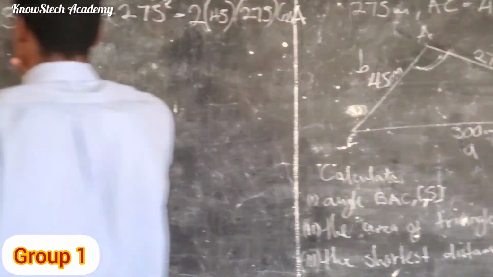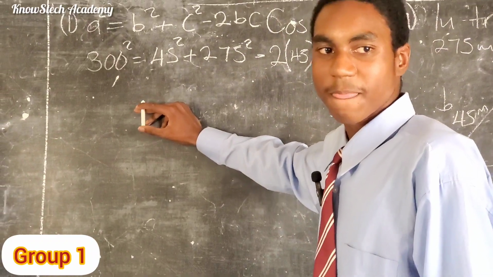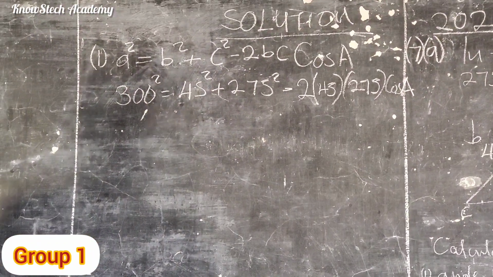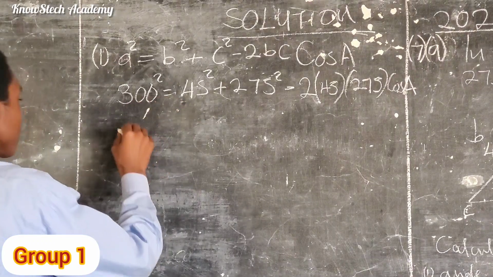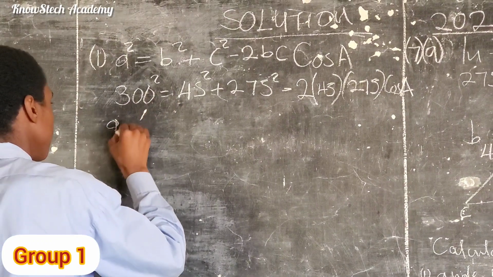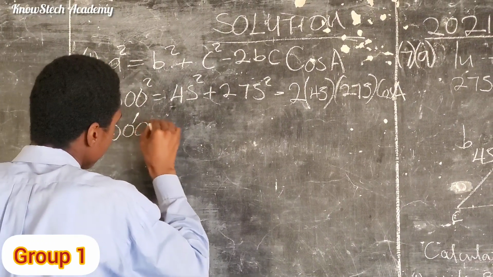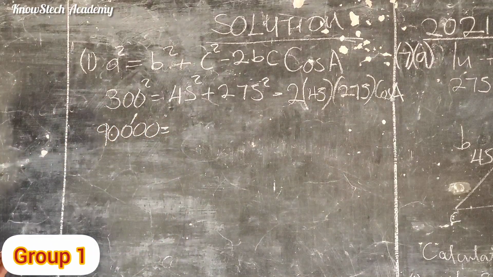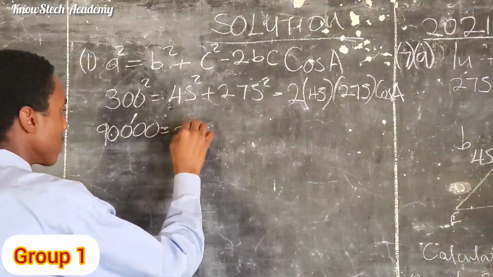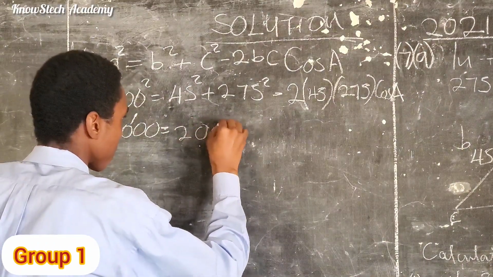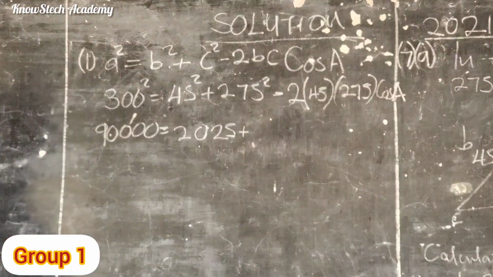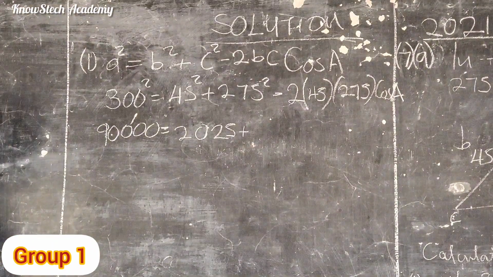Okay, so now we calculate this. What is 300 squared? 90,000. Equals 45 squared, this is 2025. What about 275 squared?